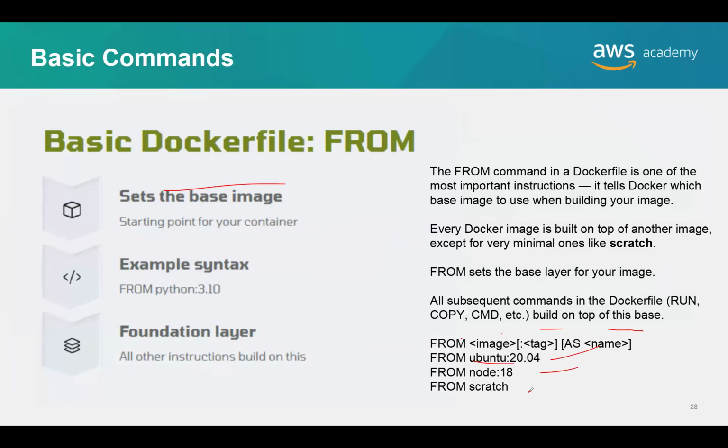Then node is your node server, and FROM scratch. So the FROM command you can write all these. Other commands you run in the Dockerfile, like RUN and COPY, are mainly built on top of this base image.